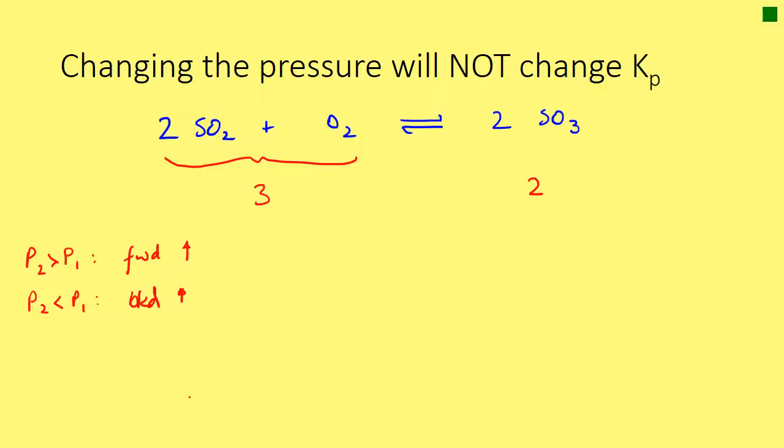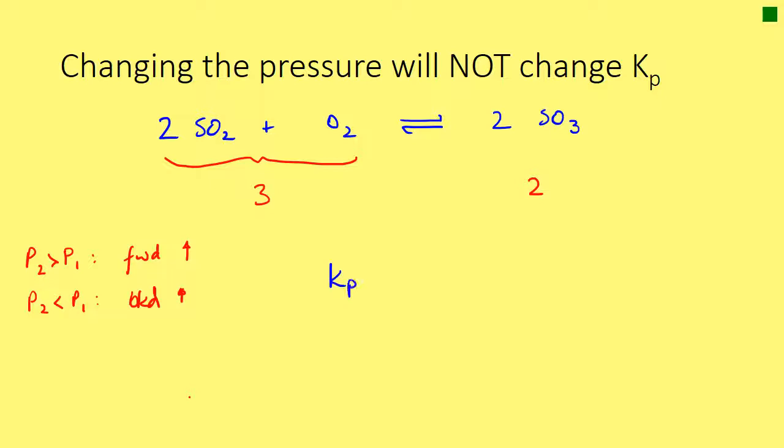Okay, so let's see the effect of that on Kp, because what we're saying is that despite these changes in forward reactions versus backward reactions, Kp is still unchanged by changes in pressure.